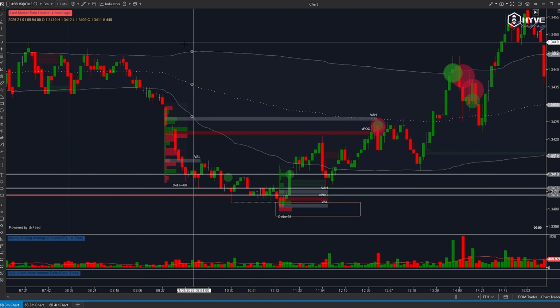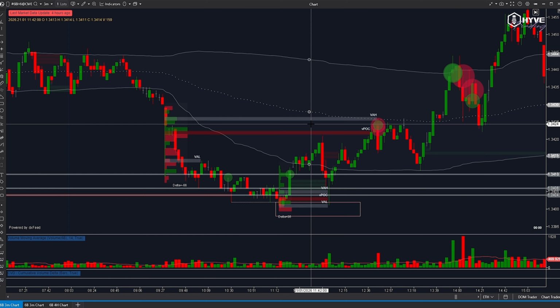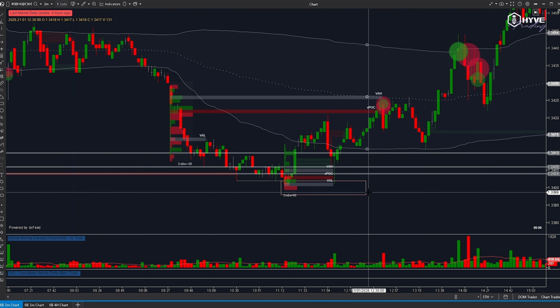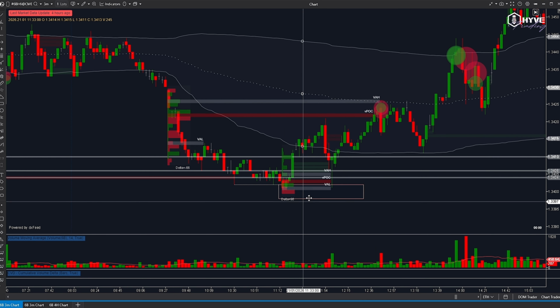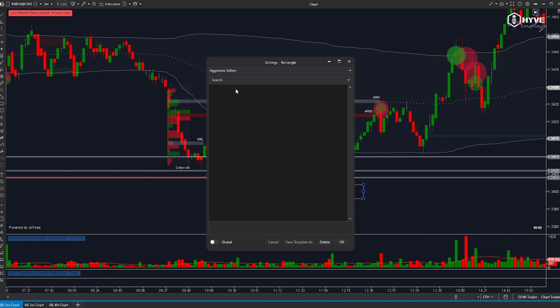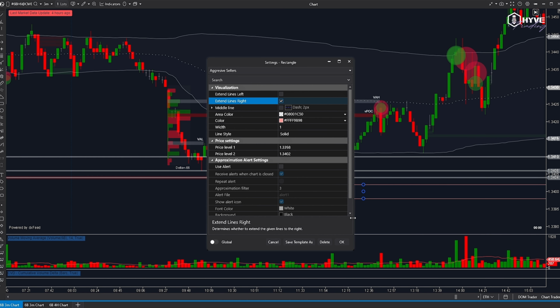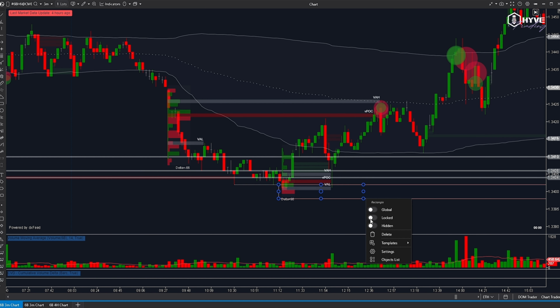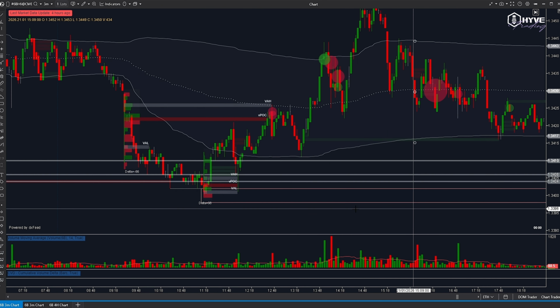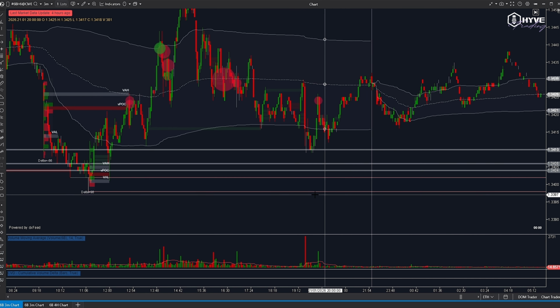So let's assume you missed the opportunity to get involved on this day. Let me show you how powerful and effective these trapped areas can be. If we just extend this zone right here, where we saw the passive buyer trap the sellers, and we go to the next day, watch how accurate this is.